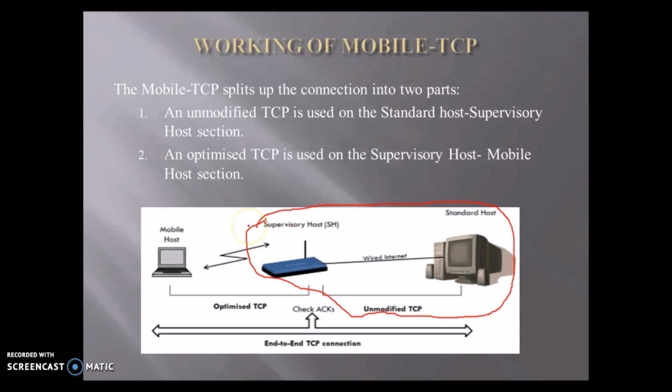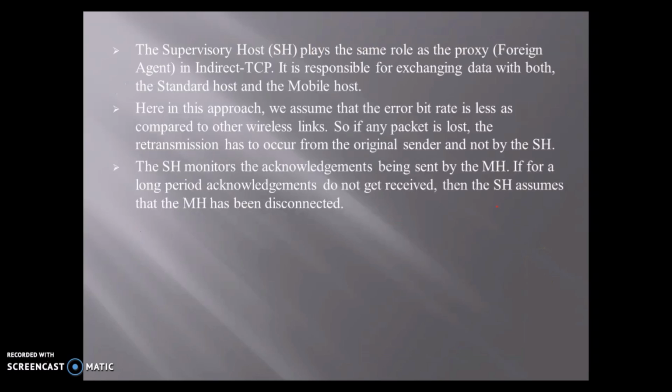And the second one is an optimized TCP used on the supervisory host and mobile host section, which is this part. The supervisory host plays the same role as the foreign agent in indirect TCP. It is responsible for exchanging data with both the standard host and the mobile host.